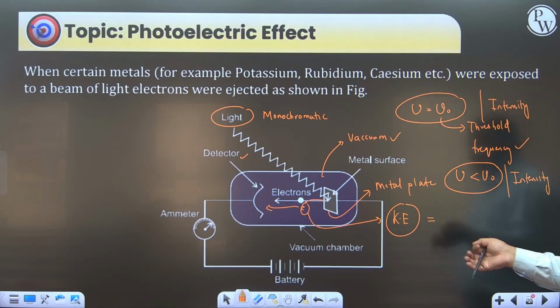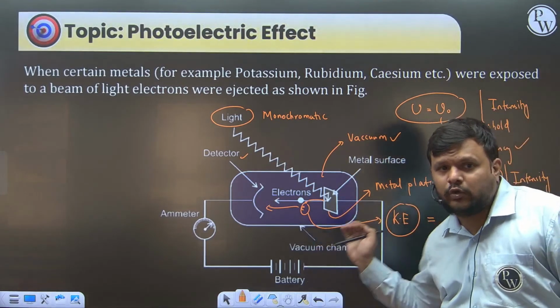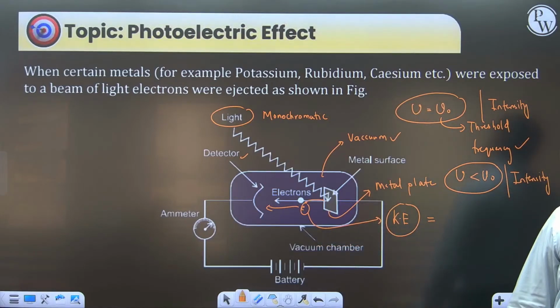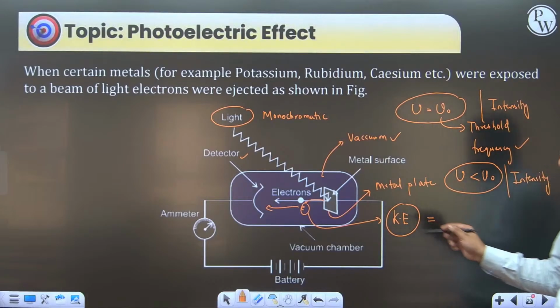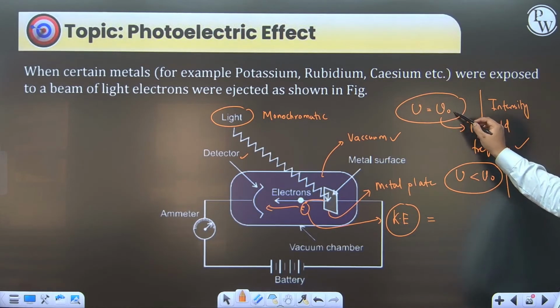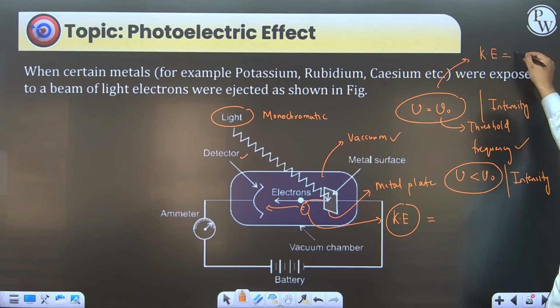See the difference of the energy that is required for the electron to get outside of this metal. Every metal has some ionization energy, so of course there will be some energy loss over here. We know that when the threshold frequency was incident, the electron was just ejected with kinetic energy equal to 0.